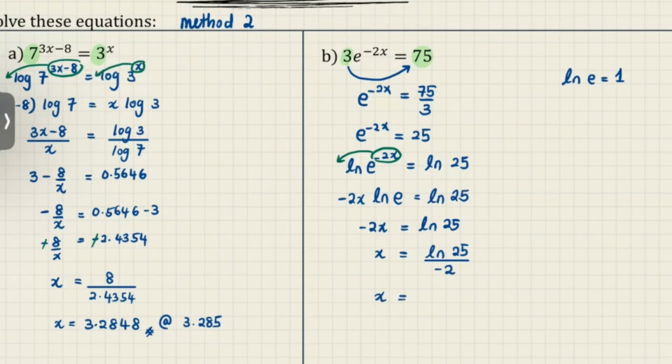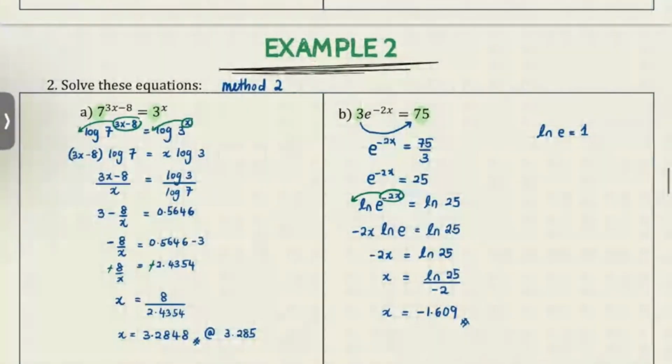So, apalah final answer kita? Ln 25 bahagi negatif 2. Saya dapat negatif 1.609. Okay, saya jadikan dia 3.15 setiap.